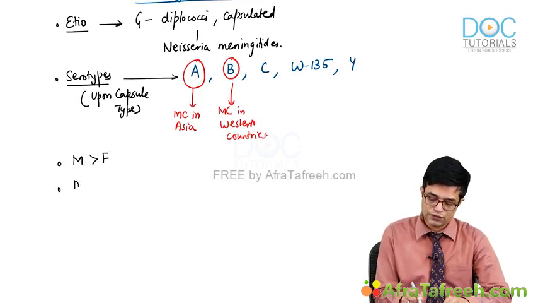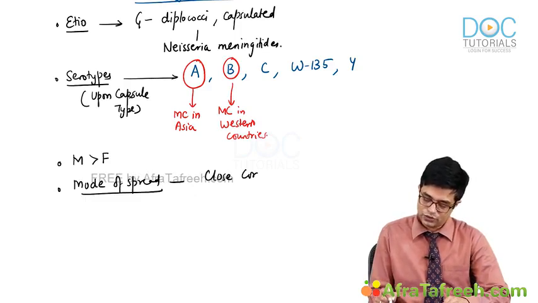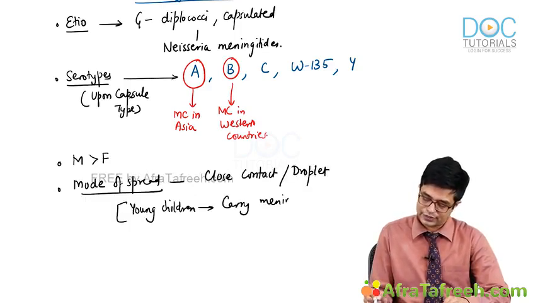And what is the mode of spread? The mode of spread is close contact or droplet route. Remember that young children and even sometimes adolescents carry meningococcus in the nasopharynx as carriers.